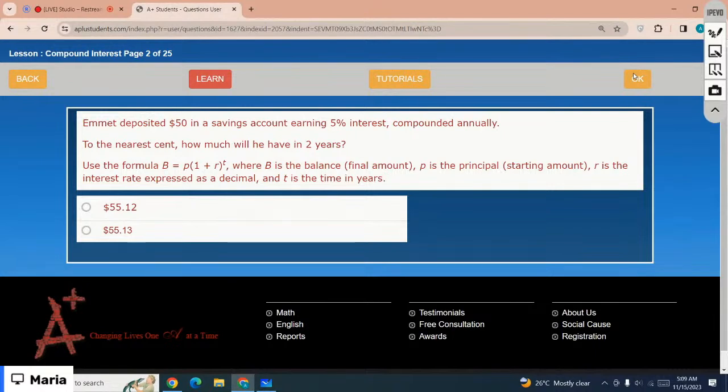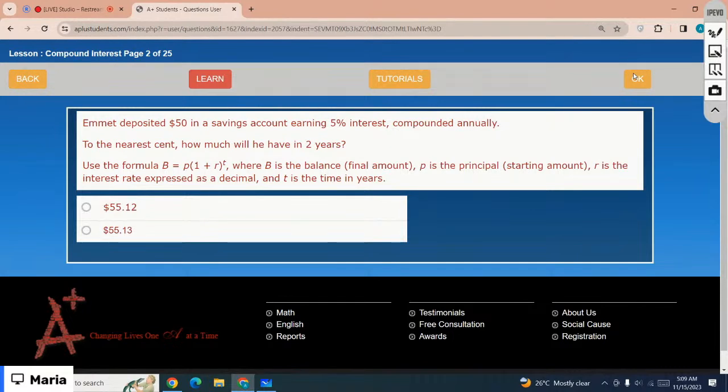Okay, the next one is Amit deposited $50 in the saving account, earning 5% interest, compounded annually. To the nearest cent, how much will he have in 2 years? So you need to see after 2 years how much he have, right? So the concept is same. The principal amount is $50.